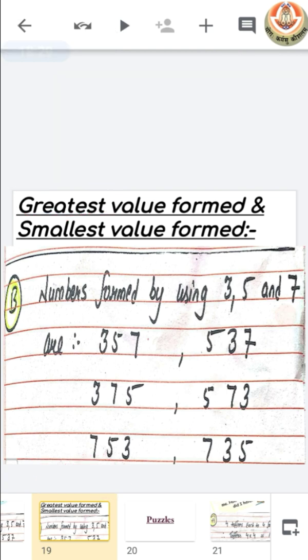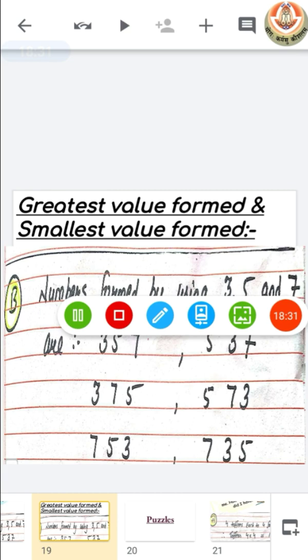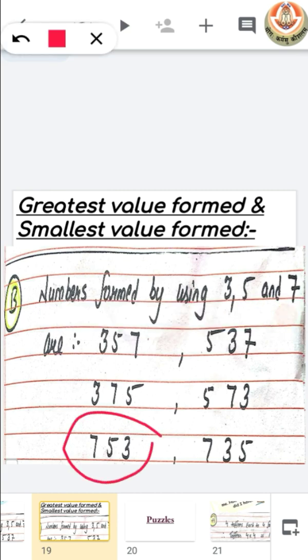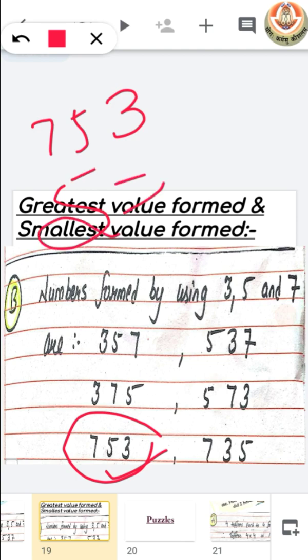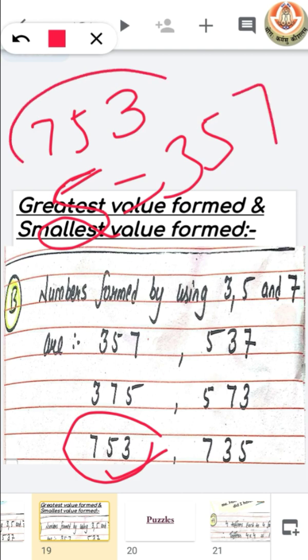So we can say that from all these numbers, this is the greatest number, and for the smallest we will write just the opposite of this number, which has 7, 5 and 3. So for the smallest number we will have 3, 5 and 7, just the reverse of this number.